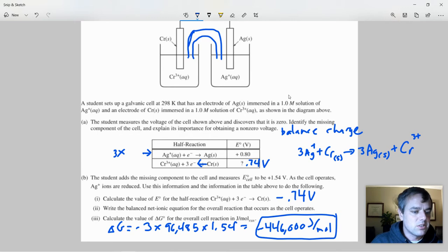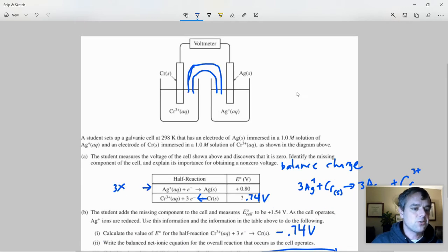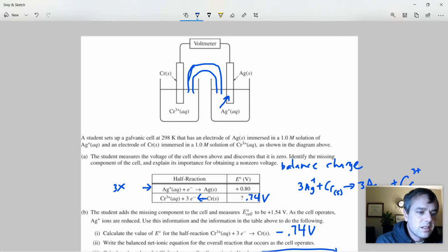Now, I want to look a little bit more at this reaction. So since silver is being reduced, that means that silver ions are being plated out onto the silver electrode, while chromium metal is going into solution.